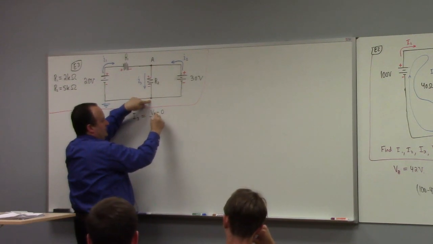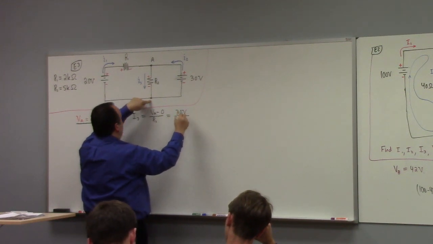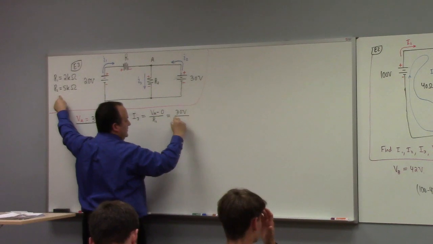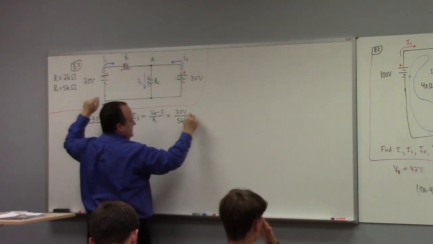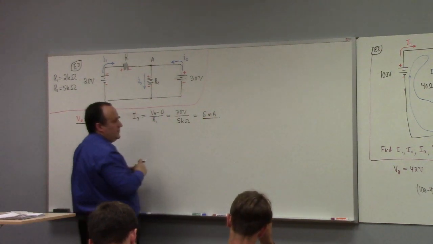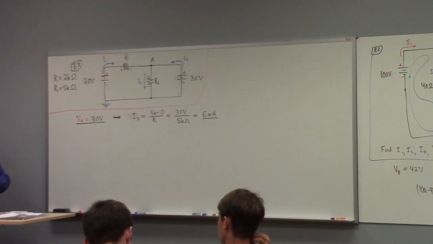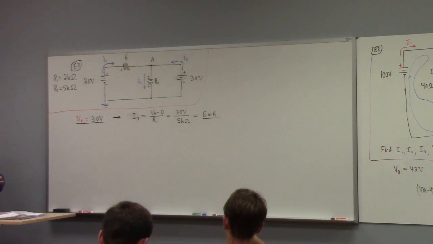I'll write it that way. VA minus 0, which is 30 volts divided by 5 kiloohms. And I think somebody told me 6 milliamps. Cool. 6 milliamps there. That's great. So that was some low-hanging fruit.